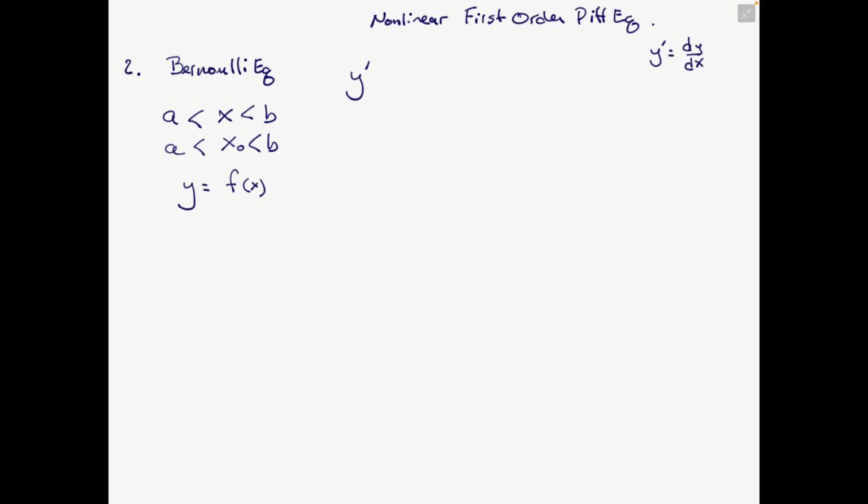where p of x is continuous on some interval and x0 is within that same interval, and that we assume that y of x is given as a function of x.